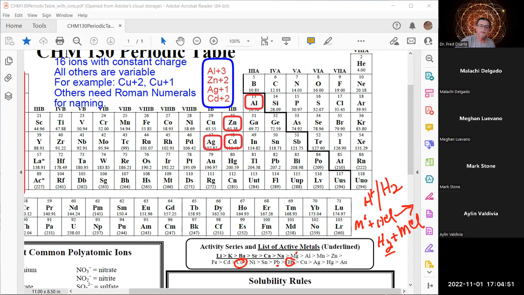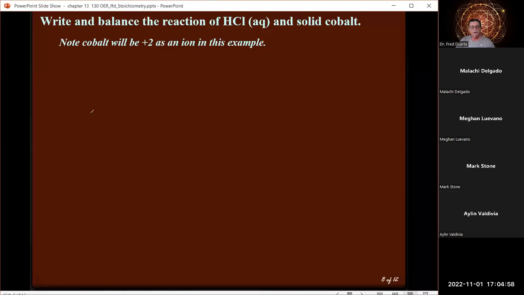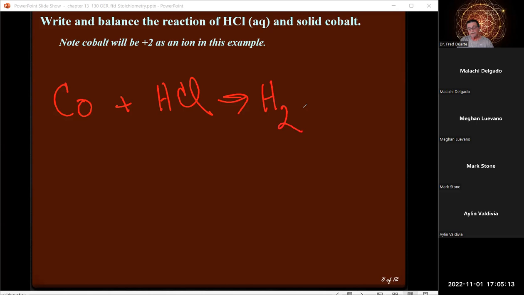So in this case, there is a reaction between cobalt and hydrogen, and we're going to replace the cobalt with the hydrogen. So we're going to make hydrogen go from ionic form to elemental form. Hence you get the hydrogen gas. Plus the cobalt, they're telling you up here, has to be in the +2 state.